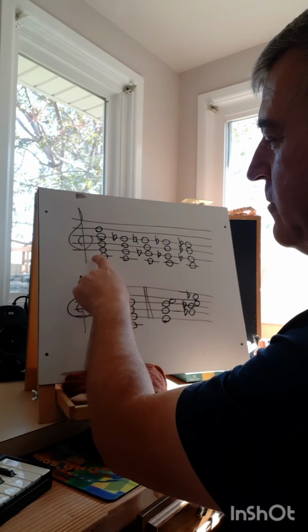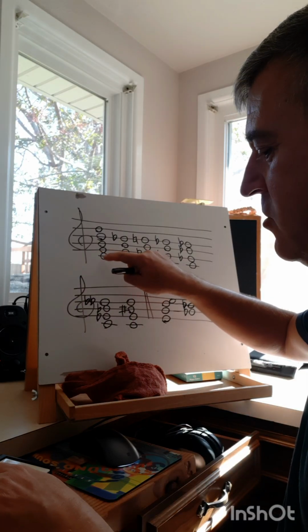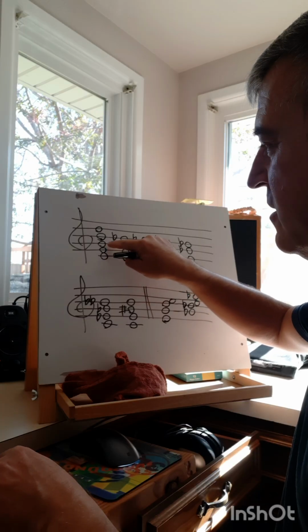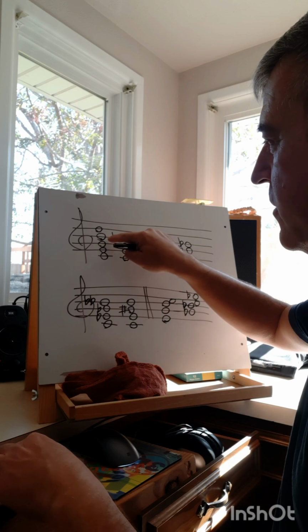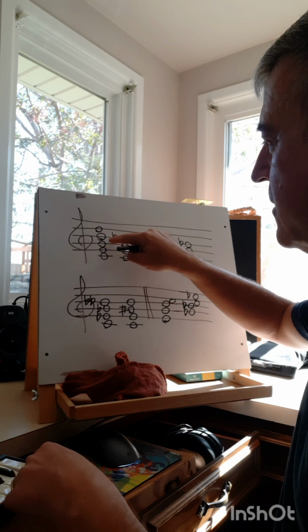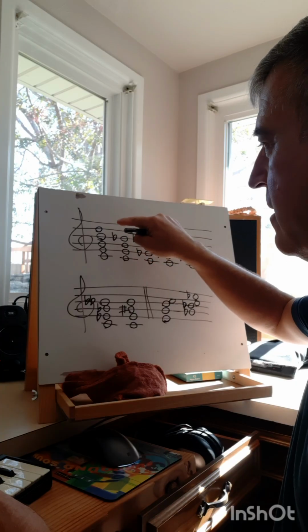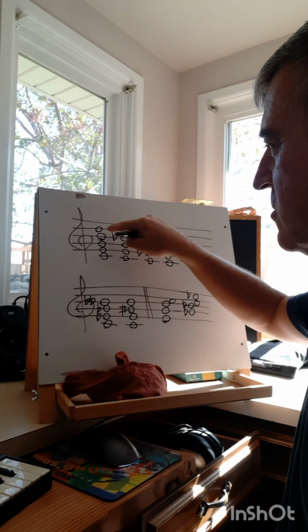But you have, C is 1, obviously. So 1, 2, 3, that's the E. 4, 5, that's the G. 6 is the A. B is the 7, and then 8, and then 9. All right, so 9 is the same thing as 1, just an octave higher.